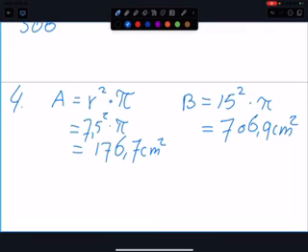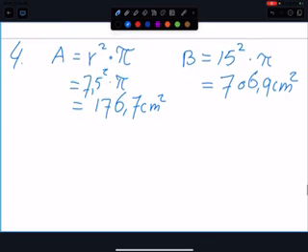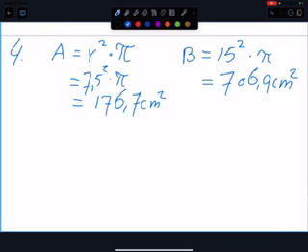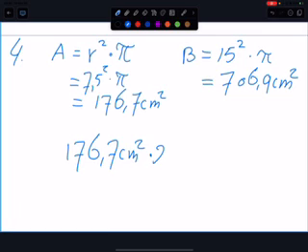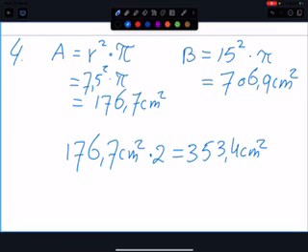What was the question? If I buy two smaller ones, is it the same as one bigger? So what did you have to do? Multiply the smaller pizza's area, which is 176.7 square centimeters, with 2. That gives you 353.4 square centimeters.